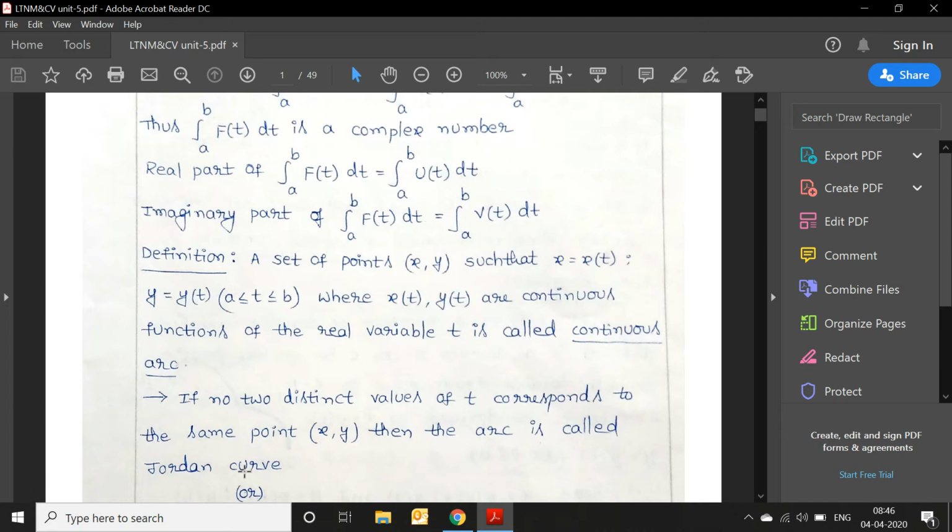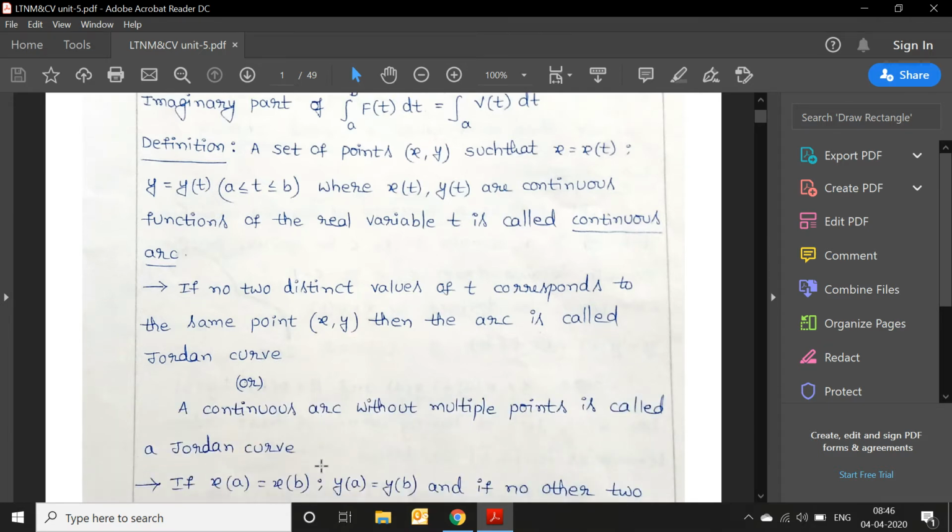Next we will discuss the Jordan arc. If no two distinct values of t correspond to the same point (x, y), then the arc is called a Jordan arc or Jordan curve.